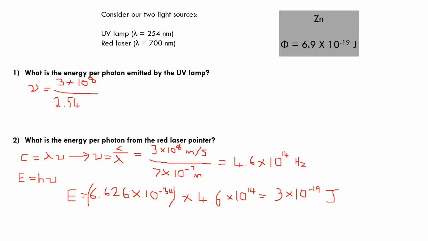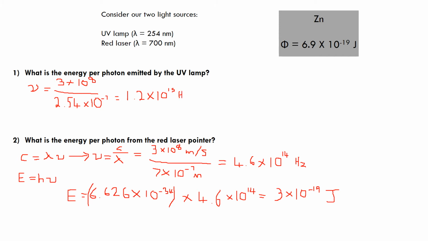So 2.54 times 10 to the minus 7 meters, and I will get a value in hertz. And when you do that calculation, the number that you get is 1.18, so 1.2, we'll call it, times 10 to the 15 hertz.